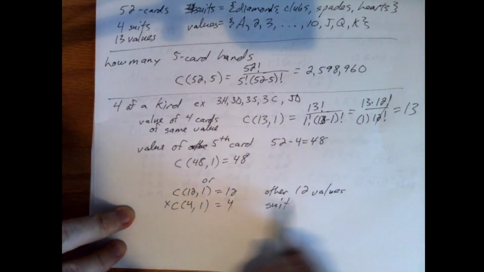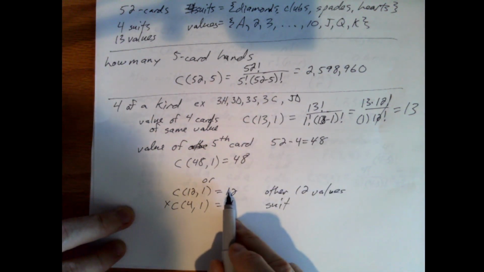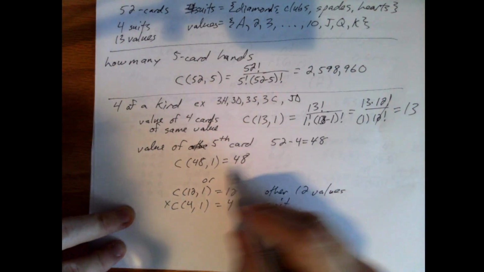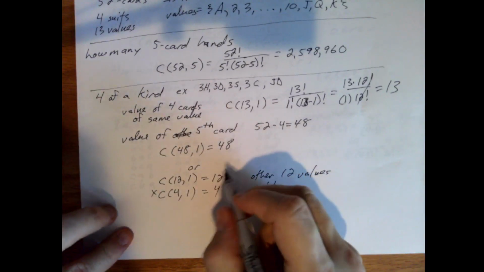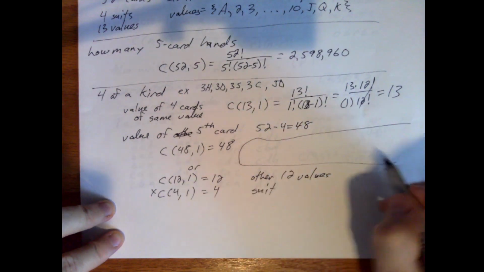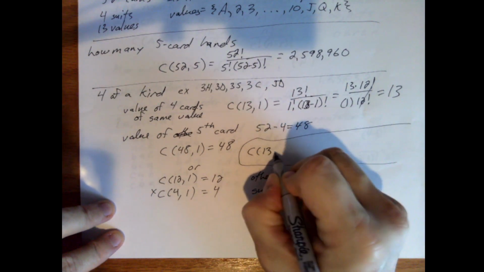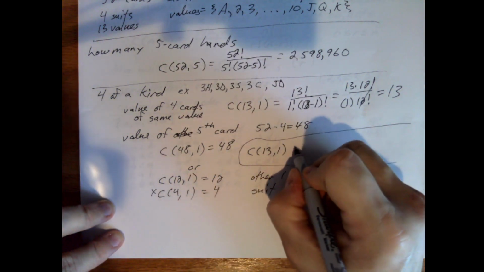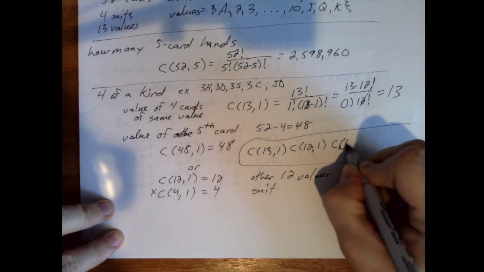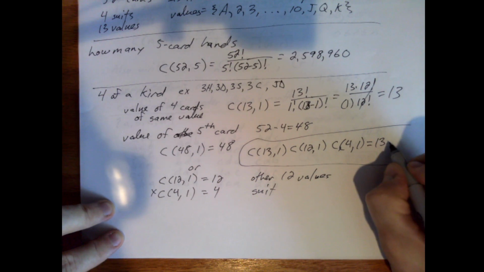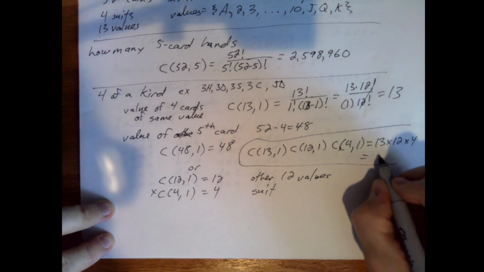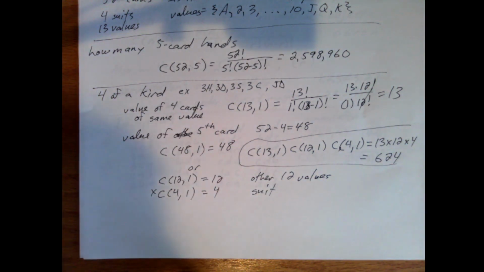Maybe we picked jack as one of the 12, and for each of those possible jacks, there's 4 possible suits. So this is still 48, but either way you look at it, we could say it's this, if we use the second method. So there's 624 of those.